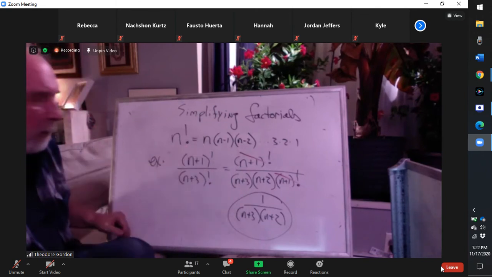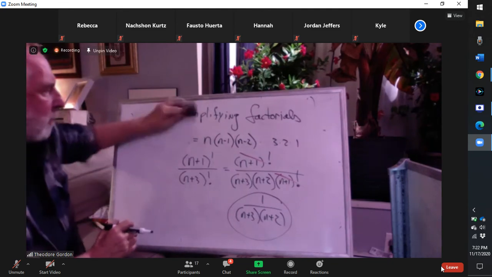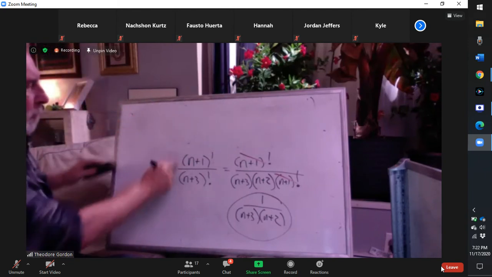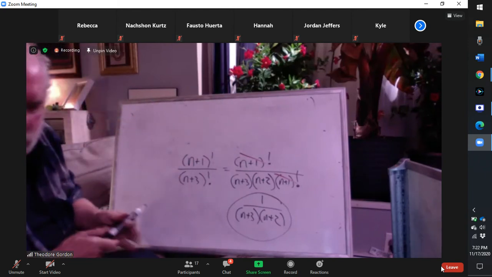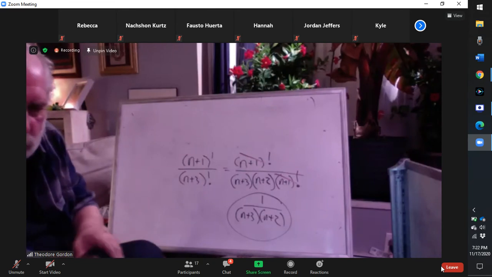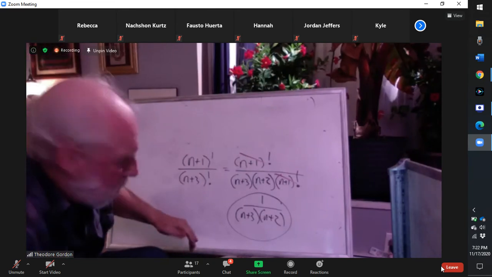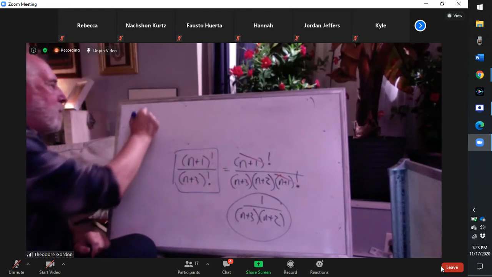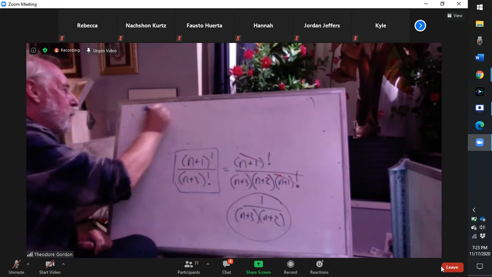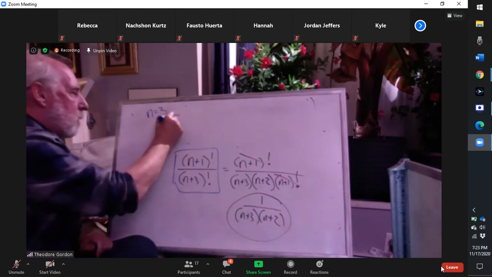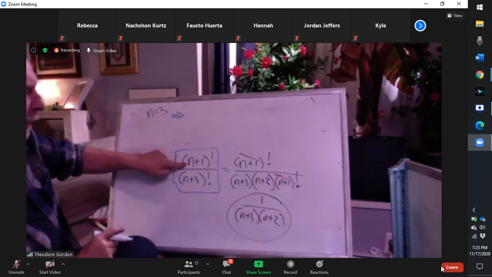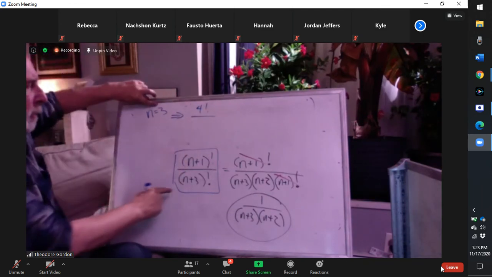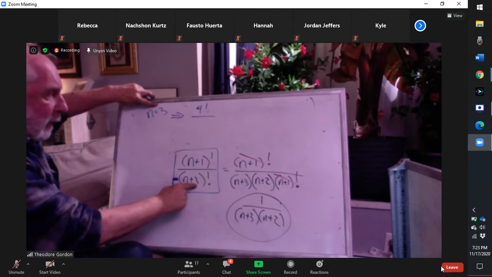So let's see if this worked. Let's actually try something here. For this problem, I'm going to pick an n. So let's say that n is equal to 3. If n is equal to 3, 3 plus 1 is 4. If n is equal to 3, 3 plus 3 is 6.